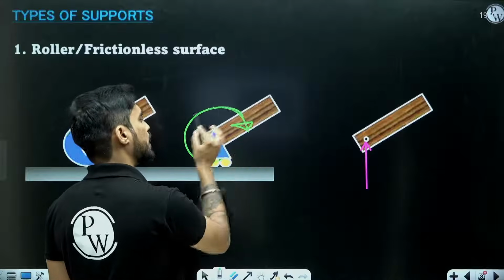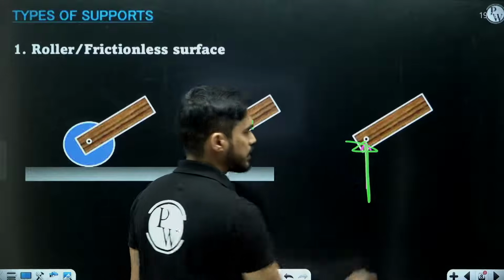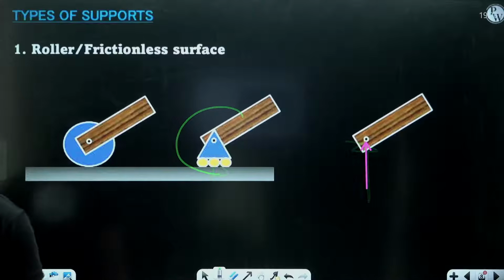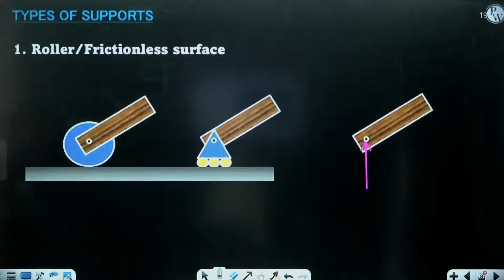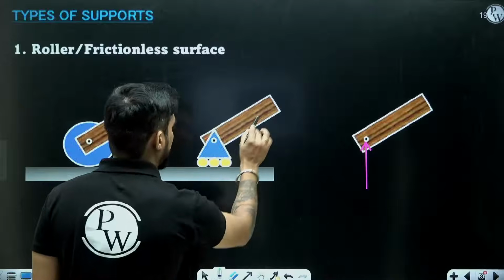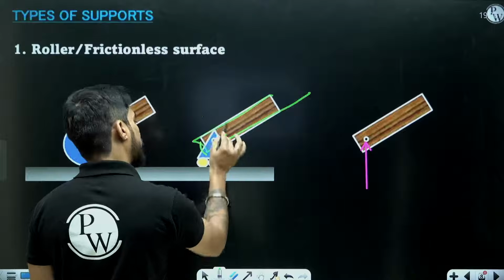When will you get a couple as a reaction? Right now I am only getting a force as a reaction. You will get a couple as a reaction if you do not allow the body to rotate. Right now, the body can freely rotate.